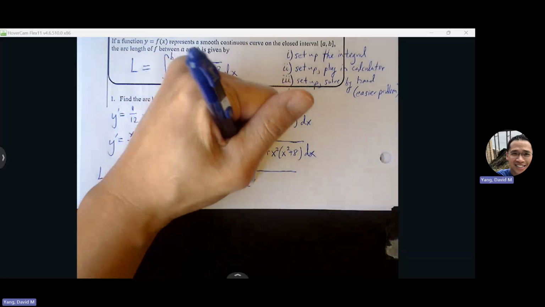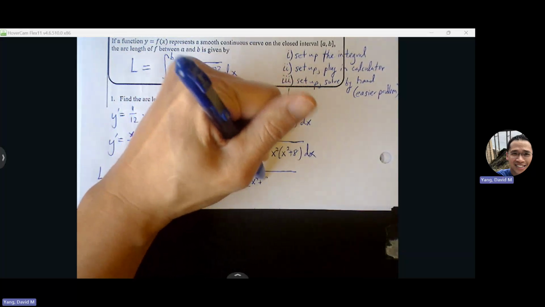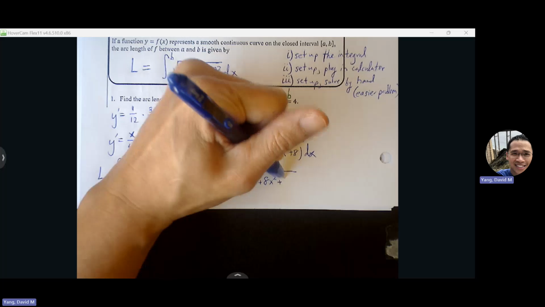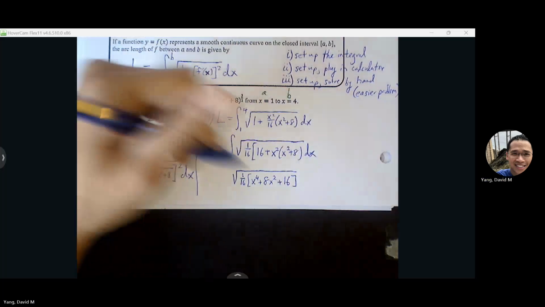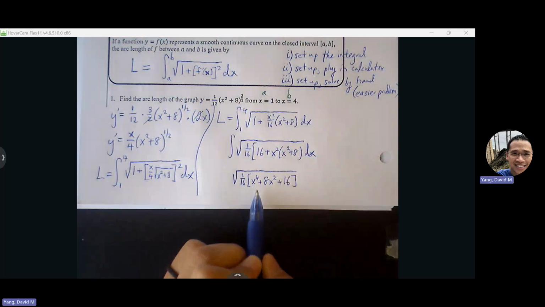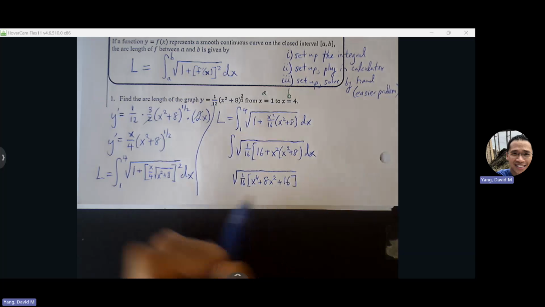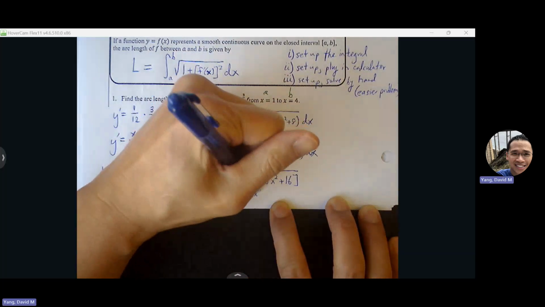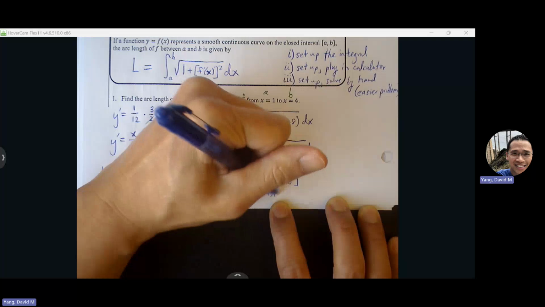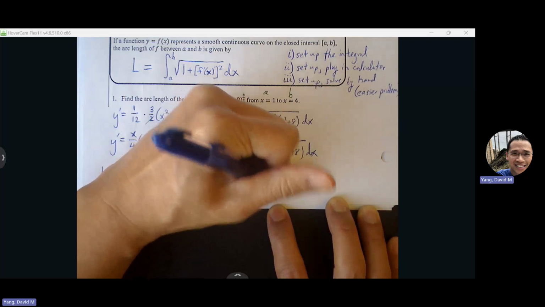So distribute that through, we get x to the 4th plus 8x squared plus 16. This actually factors. So we get x squared plus 4 and x squared plus 4.